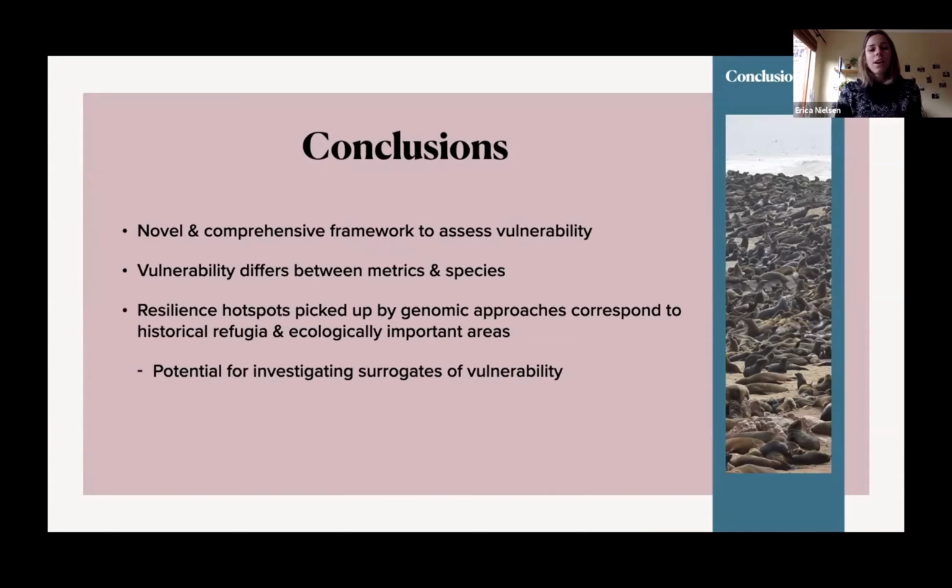This highlights how there might be some exciting new opportunities to investigate surrogates of vulnerability, as genomic data is quite time and cost intensive to generate. This is especially true when we think about taking this to the next level and assessing ecosystem level vulnerability, which is very much still needed going forward.